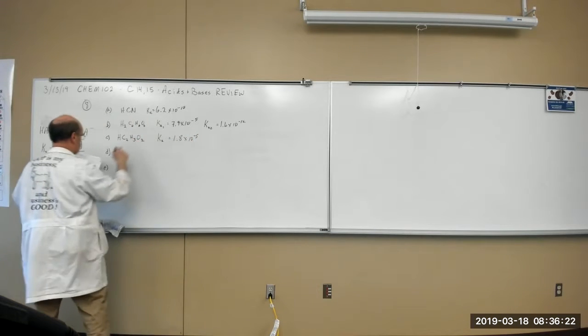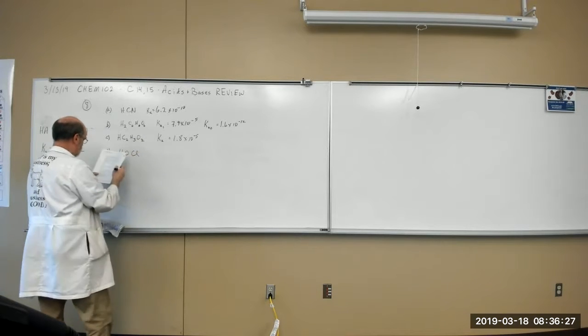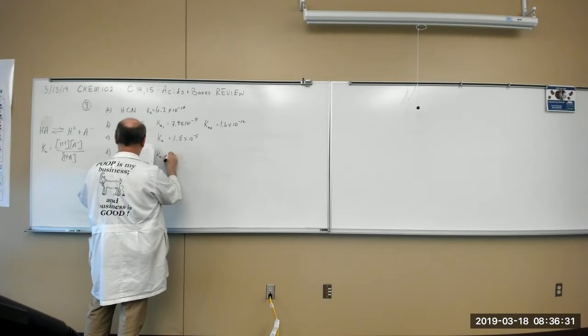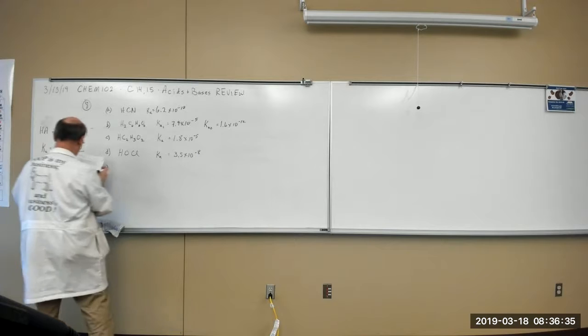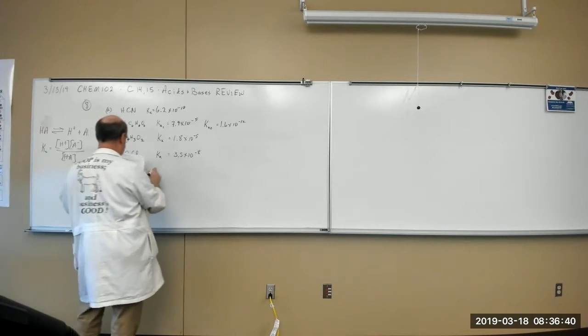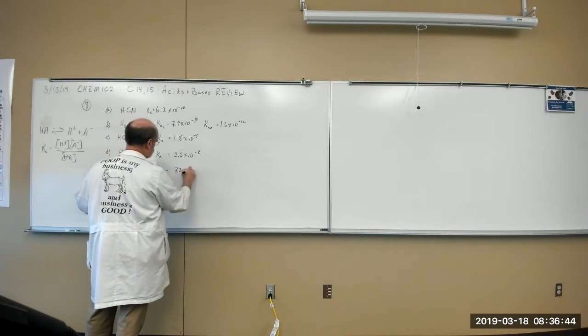You're going to prove that today in lab. And this one is 3.5 times 10 to the minus 8. And the last one, HF, 7.2 times 10 to the minus 4.